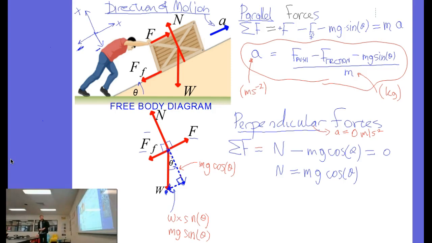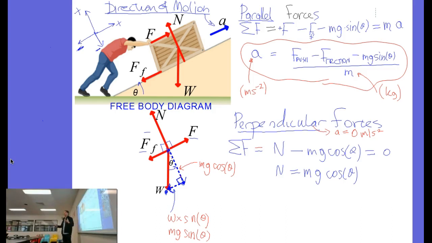Sorry? mg is the size of the weight force, which is always vertically downward. But for the weight force to contribute towards balancing the other forces, a part of the weight force goes towards balancing the normal reaction force, and another part of the weight force goes towards helping to balance out the other two forces, the push force and the friction force.